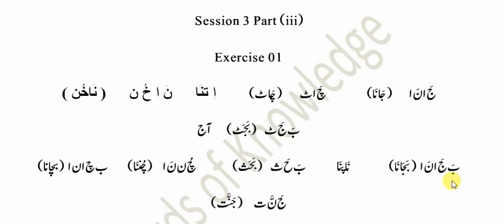Next word has 5 alphabets. Be Zabar Ba, Jim Zabar Alif, Ja, and Noon Zabar Alif, Na.